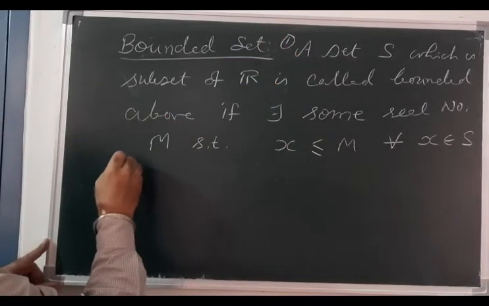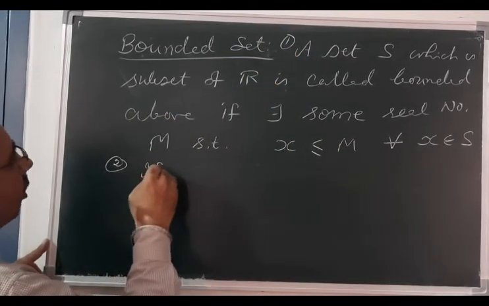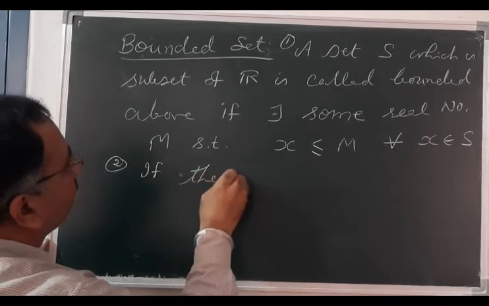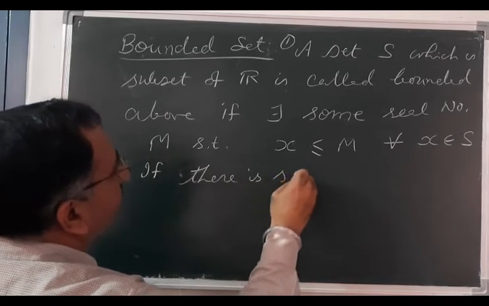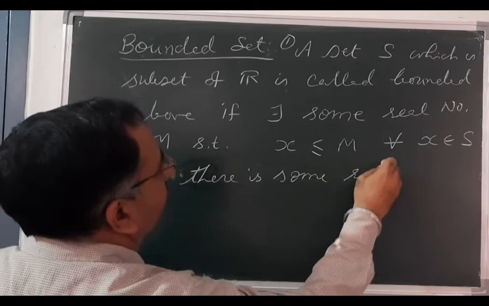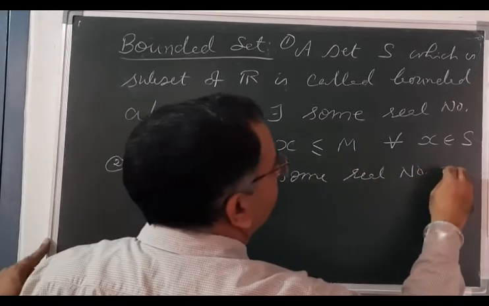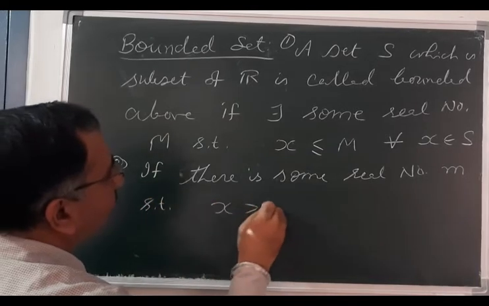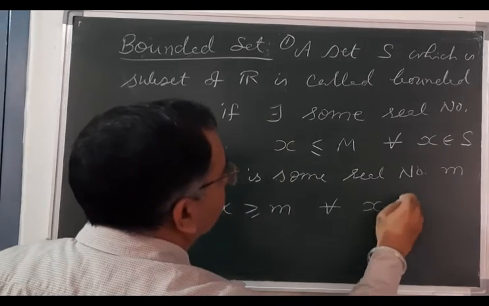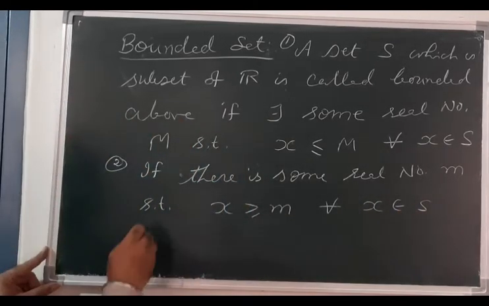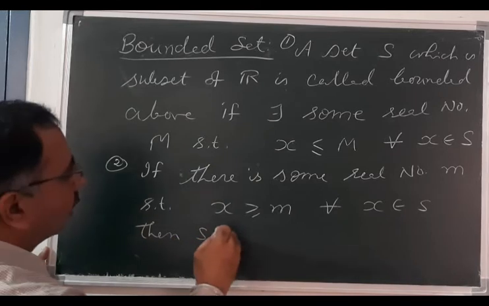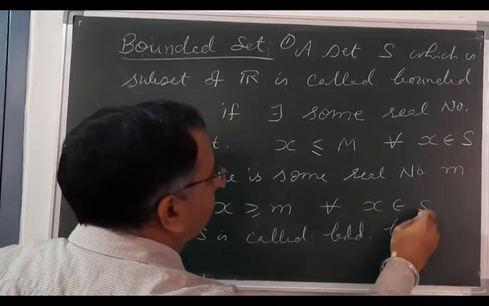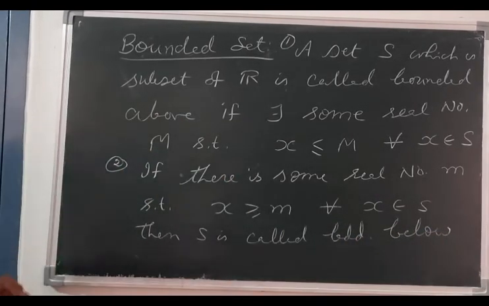Second definition is of bounded below. If there is some real number small m such that x is greater than or equal to m for all x belonging to S, then S is called bounded below.